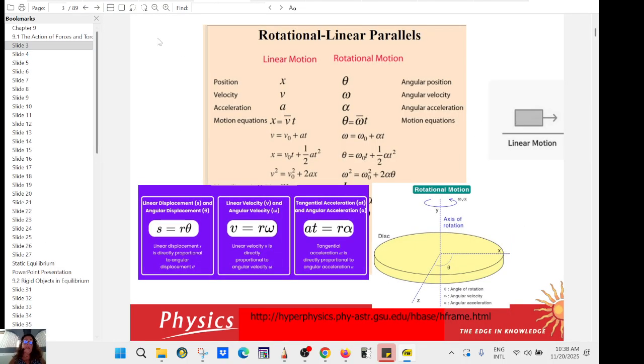We stopped here. Okay, so I was reviewing very quickly rotational kinematics. And here you compare the linear motion and the rotational motion, and I try to do it in a nutshell. So here you have the connection between them. If you have something spinning, that will be the linear speed at a given point from the axis of rotation.